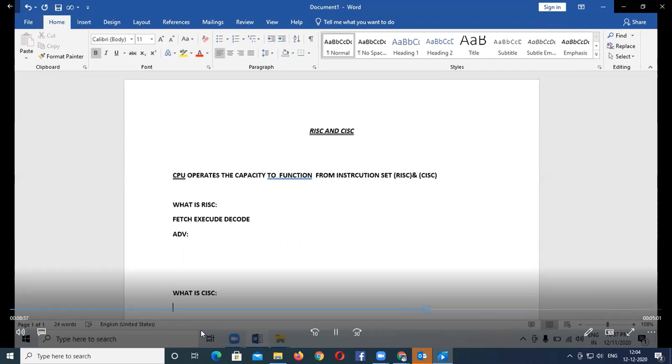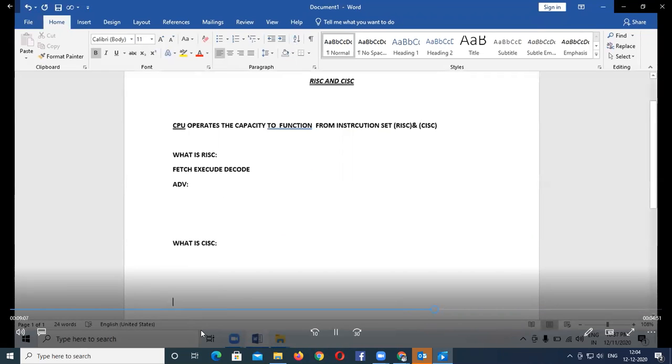The advantages of CISC, that is complex instruction set, include the following. This processor can handle the use of power, and a single instruction can be executed by using different low level tasks. So here it does not use much memory.